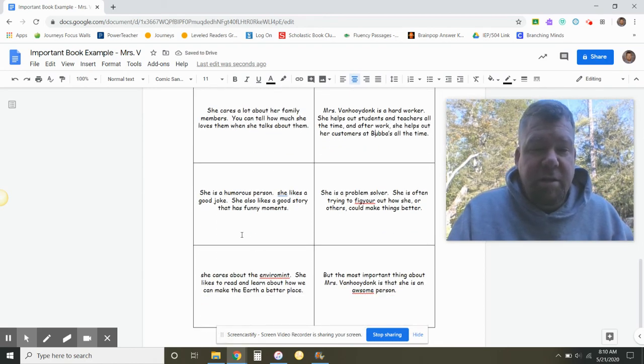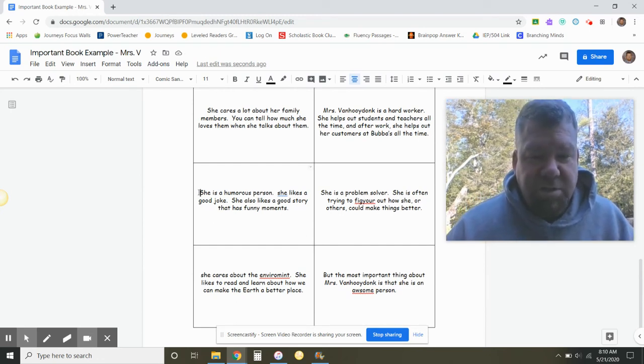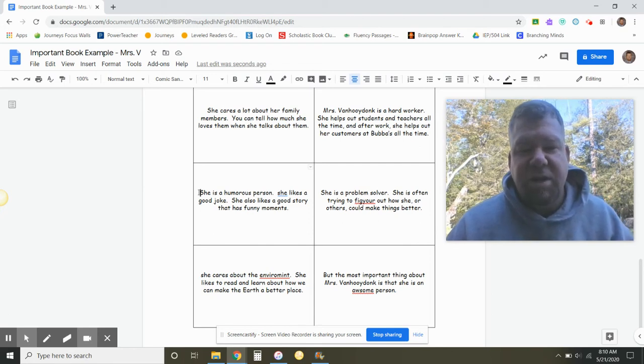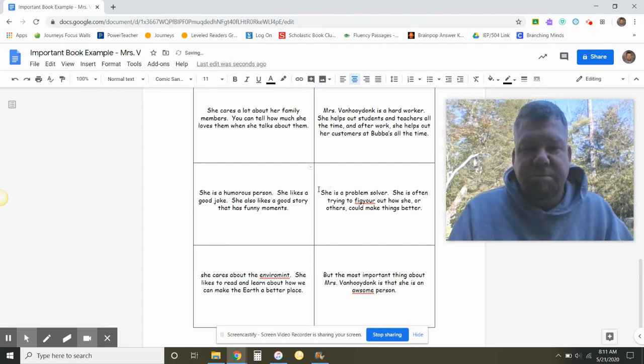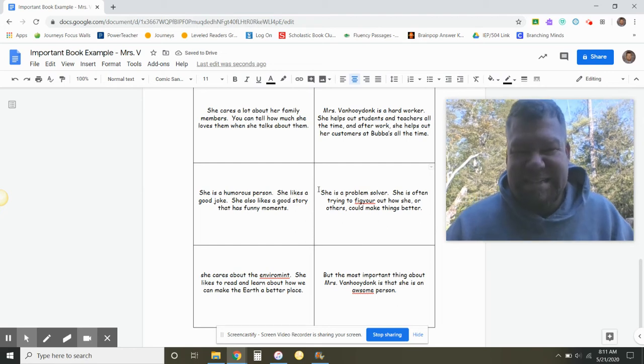Moving on to the fifth rectangle. She is a humorous person. She likes a good joke. She also likes a good story that has funny moments. Google Docs has provided us with a blue squiggly line. The beginning of this sentence here is not capitalized. And as you know, beginning of sentences need to be capitalized. Moving on to the sixth rectangle. She is a problem solver.